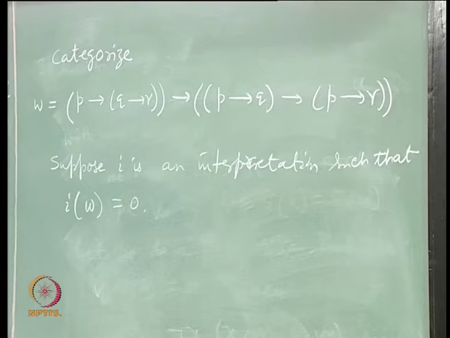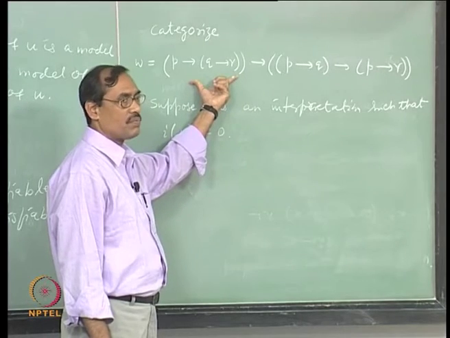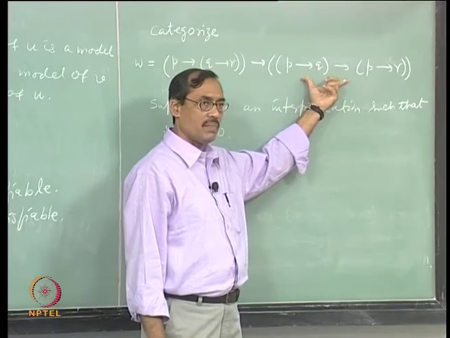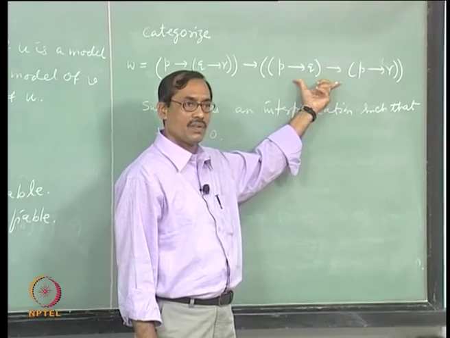There is only one case when it can be 0: its antecedent is 1 and consequent is 0. That is why I am trying this first. In that case its sub-proposition P implies Q implies R should be 1, and the other sub-proposition P implies Q implies P implies R should be 0.